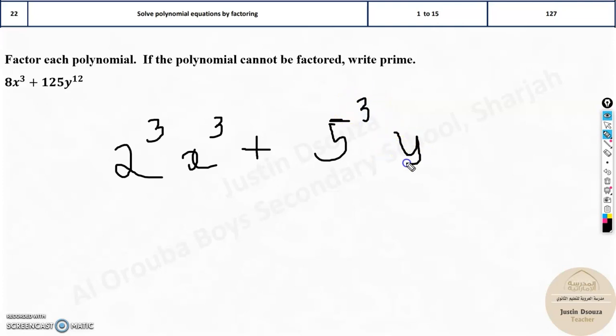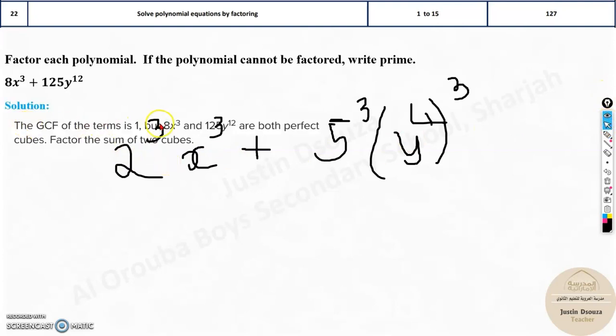Then lastly, we have y to the power 12. We can't write this, right? We need to have cube outside, because everything needs to be cubed outside. So inside, try to adjust. 12 divided by 3 would be 4. So y to the power 4 whole power 3 would make it 12. So this is how you simplify it. This is very, very important.